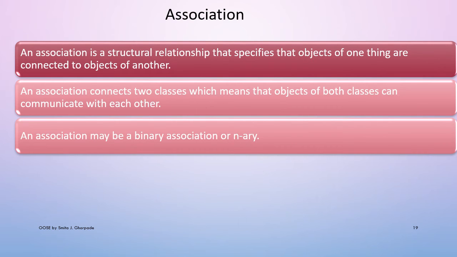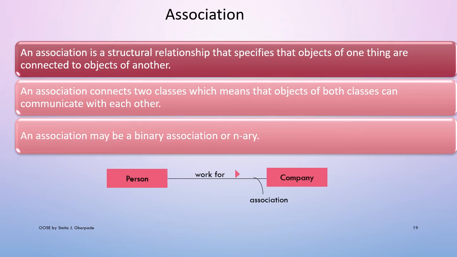An association may be a binary association or an n-ary association. Binary association means a connection between two classes. If one class is connected with many classes, n number of classes, then that type of association is n-ary association.